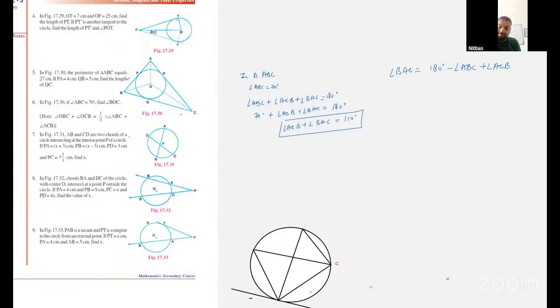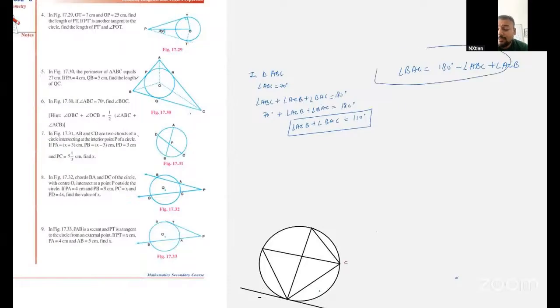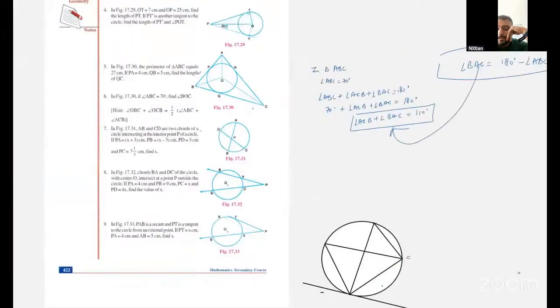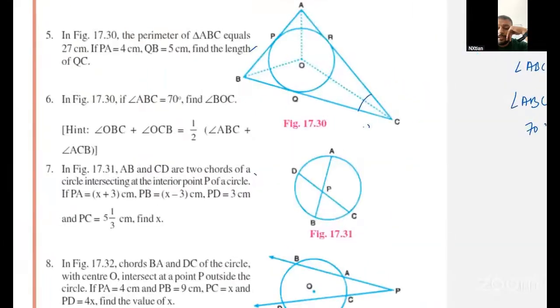Oh my God, I guess some information is not given. If I substitute, then again I will get this. I will try at home one more time, because if this were something like 70, then I could say this is 35, this is 35, this is 90, and so on. I guess some information is not given. Let me check one more time, then I will let you know.